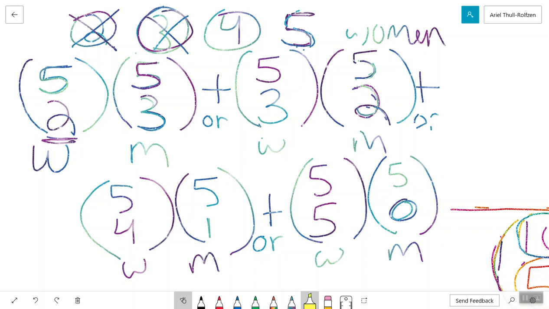This whole thing is going to be our numerator.